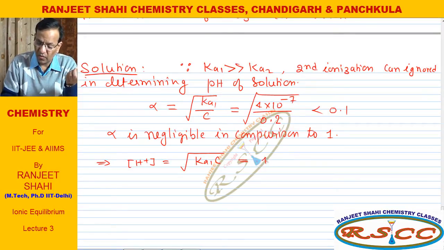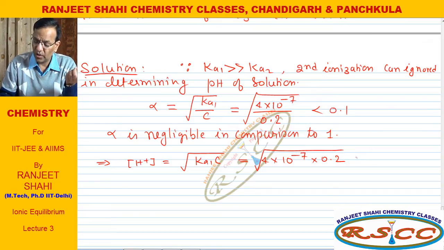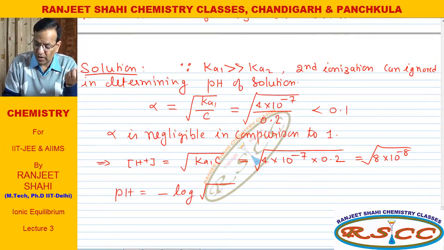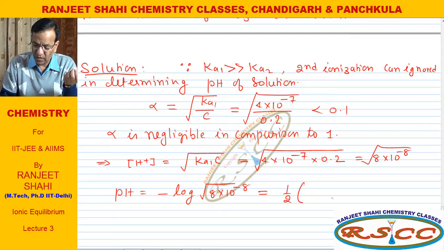K1 is given as 4 into 10 raised to the power minus 7, C is 0.2, and that whole under root. So, it is 8 into 10 raised to the power minus 8, under root. So, pH will be equal to negative log of root under 8 into 10 raised to the power minus 8. So, the root will come out as 1 by 2 outside the bracket: negative log 8, negative log 10 raised to the power minus 8.